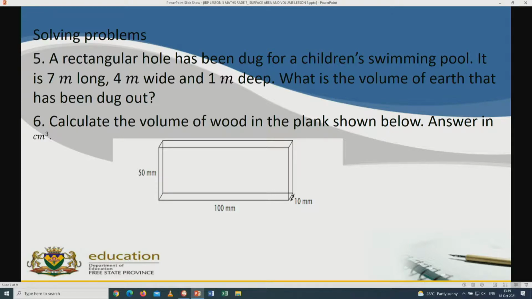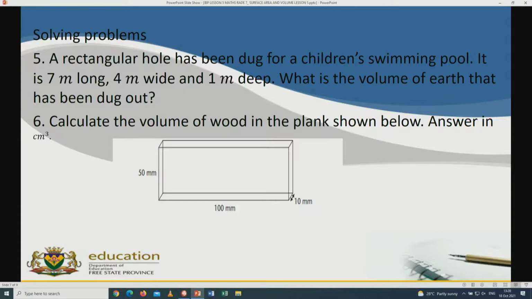Now a rectangular hole has been dug for a children's swimming pool. Its dimensions are as follows. It is 7 meters long, it is 4 meters wide, and it is 1 meter deep. What is the volume of the earth that has been dug out?